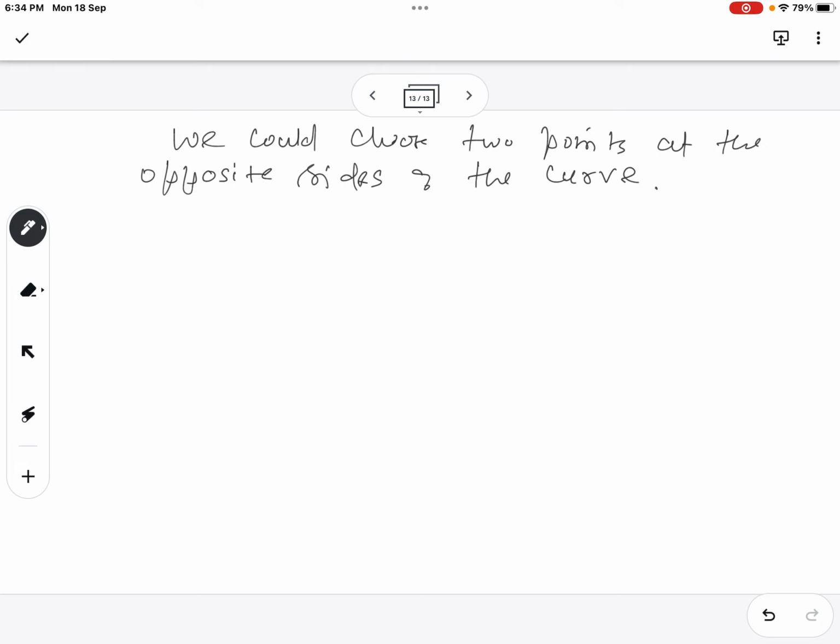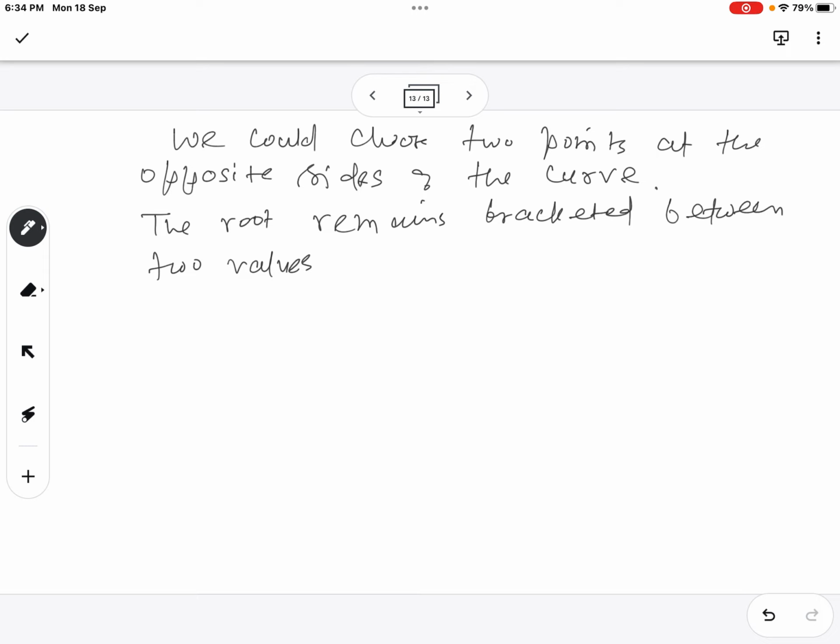It means that the root remains bracketed between two values, and this method is known as the method of false position.